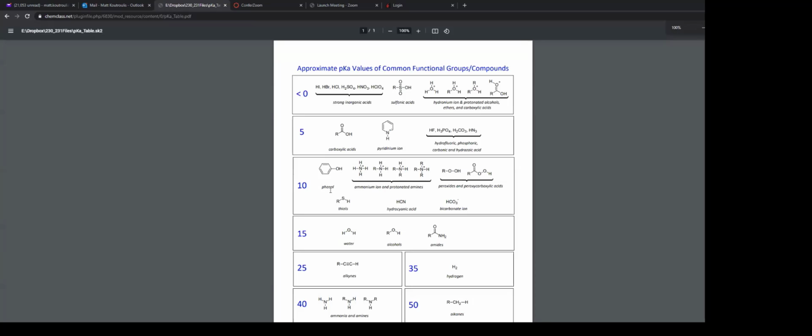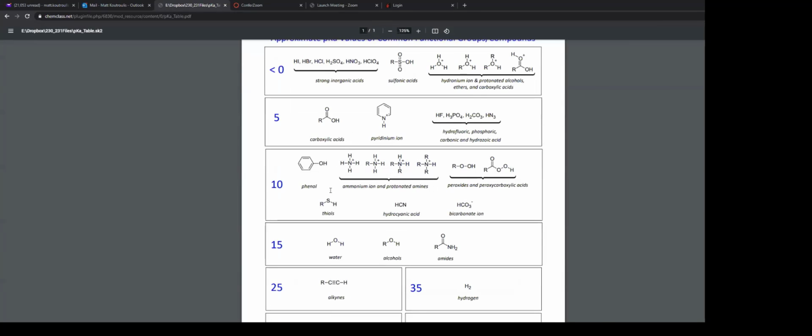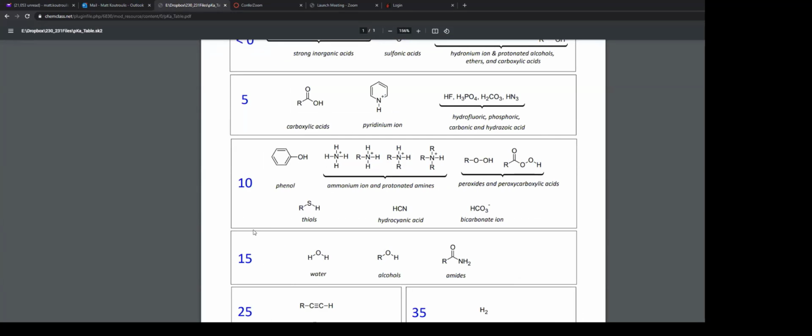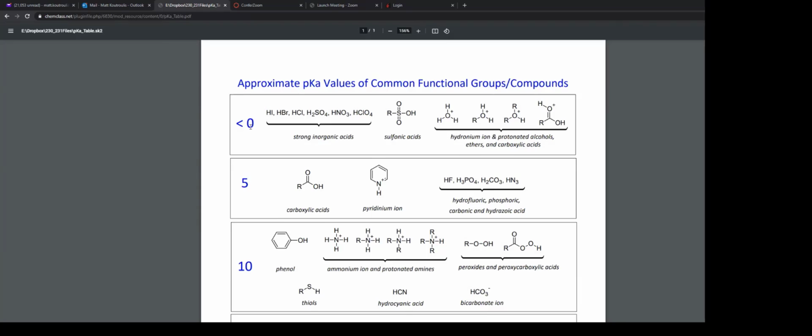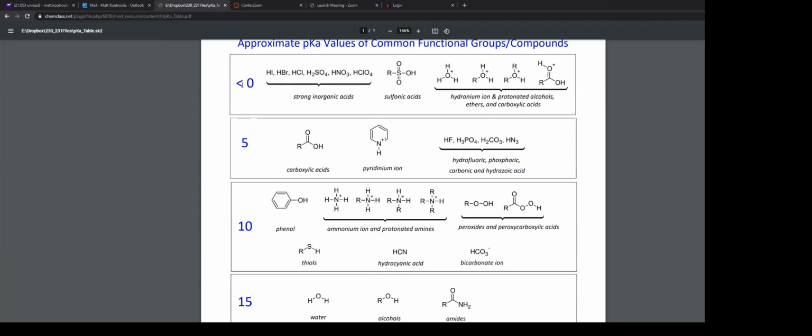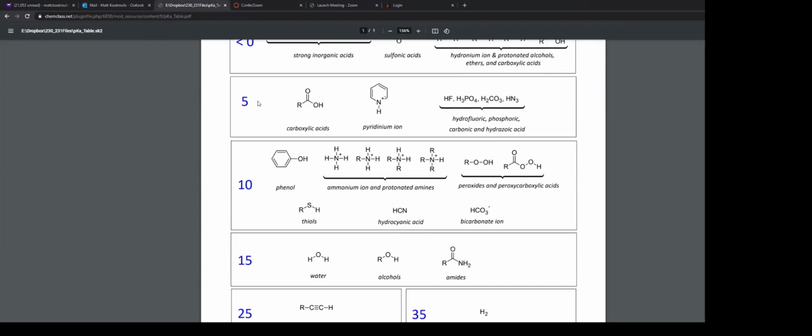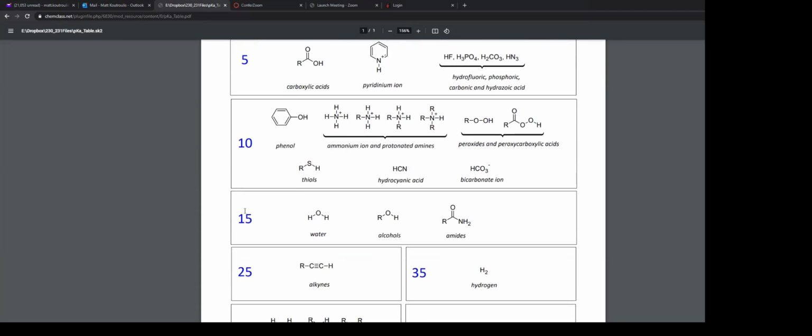So, how do we learn them? We only need to worry about approximate values. The approximate values will always be based on intervals of 5. So less than or equal to 0 would be better. 5, 10, 15.